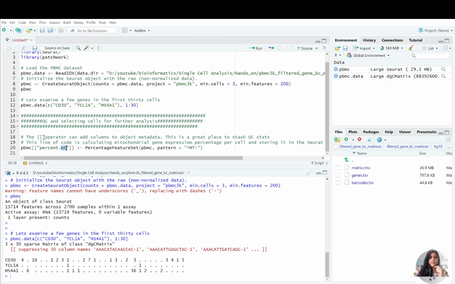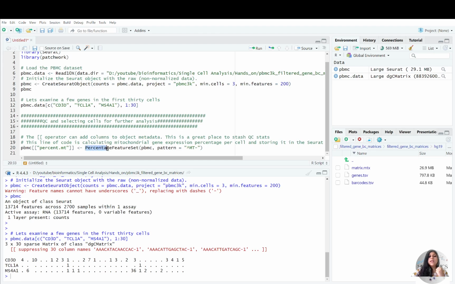So what we are doing over here is that in our Seurat object PBMC, we are creating a new column. These double square brackets say that in this particular object, one more column we are adding, and we'll be naming that column percent.mt, which will be storing the percentage of mitochondrial genome.